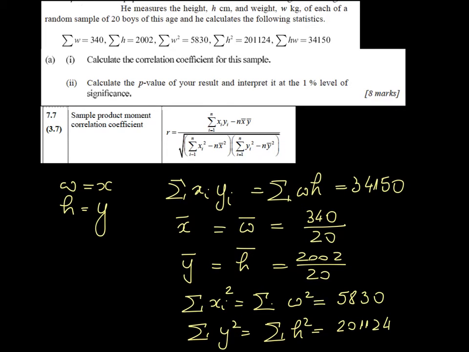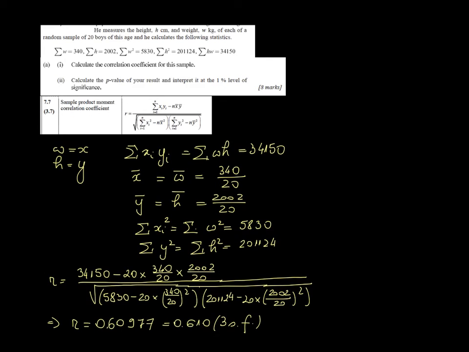So now I'm ready to replace all this in the formula. Probably the most confusing part was matching x's and y's with w and h. And this is what we get after replacing in the formula all the values that we found. So the correlation coefficient is 0.610 to 3 significant figures.